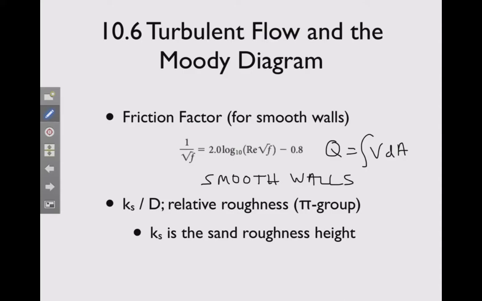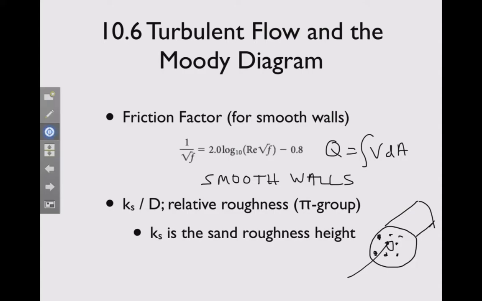So Prandtl's student, Nikuradse, a graduate student of Prandtl's, actually did experiments where he meticulously glued little grains of sand, uniform, onto the inside of the pipe wall, and then sent some flow through and determined basically a relative roughness pi group.